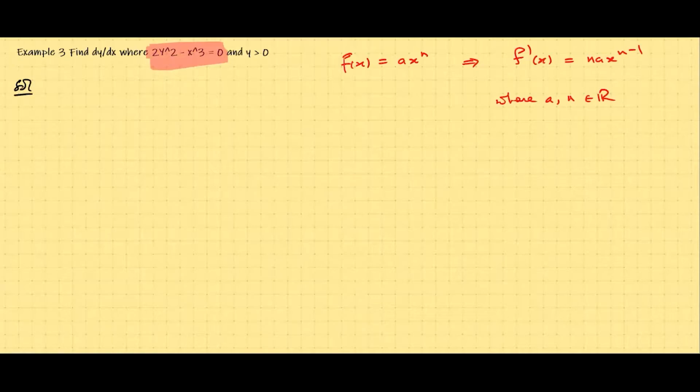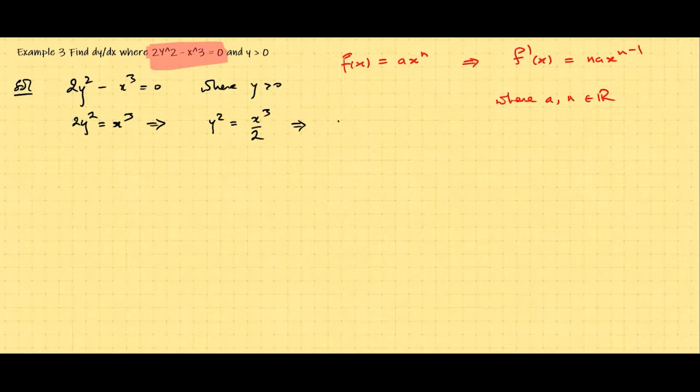So solution, we've got 2y squared minus x cubed equals 0, where y is of course positive. So we're going to rearrange this to get y equals something explicitly in terms of x. I can take the x cubed to the other side, and then I can divide through by 2 to get y squared is x cubed over 2. And at this stage, I can take a square root, right?